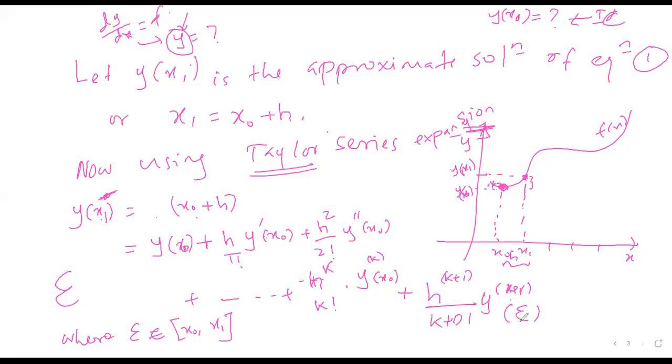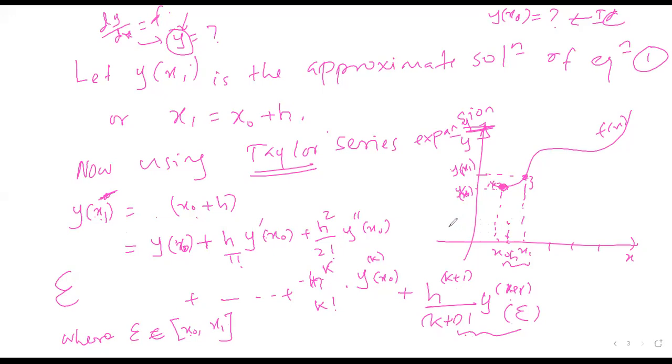In the error term we have epsilon; we are not taking x naught there, since we are writing it commonly, so that's why I'm writing epsilon. This epsilon belongs to this interval only, somewhere in here. That's what it means.